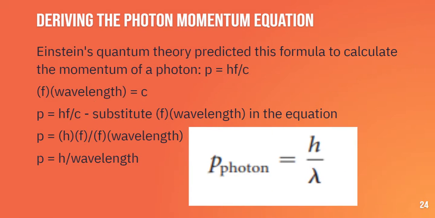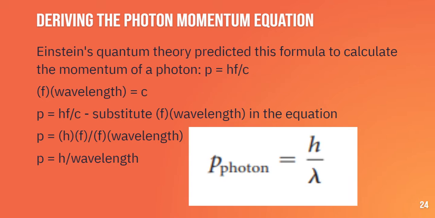And now I'm going to derive the momentum equation. First, Einstein's quantum theory predicted this equation to calculate the momentum of a single photon: p equals hf over c, where h is Planck's constant, f is the frequency, and c is the velocity of a wave. Then the wavelength of a light wave is related to its frequency, so f times wavelength equals c.